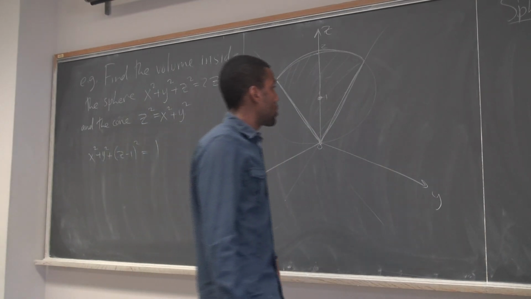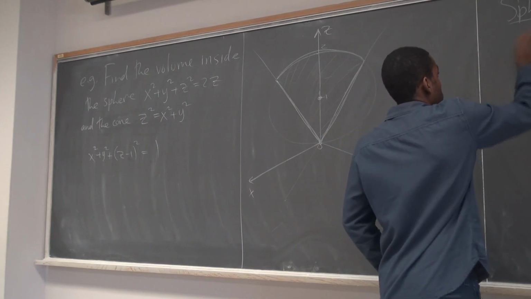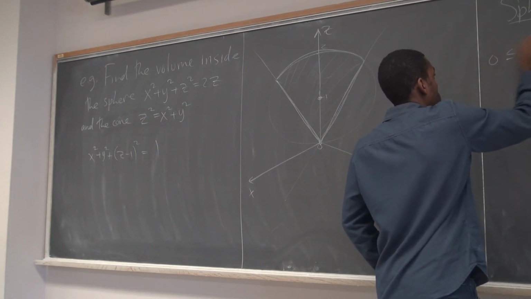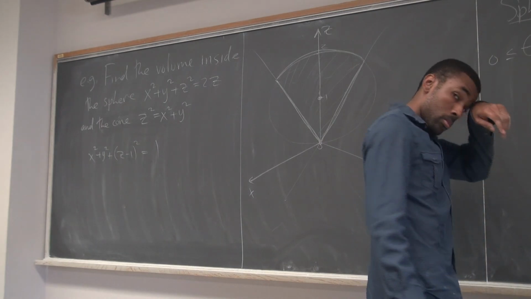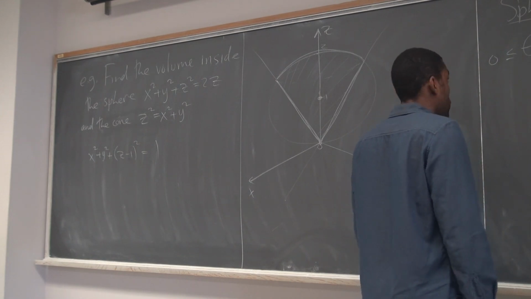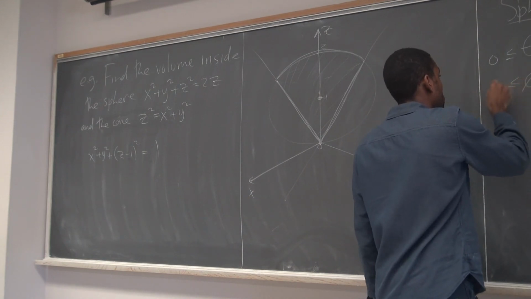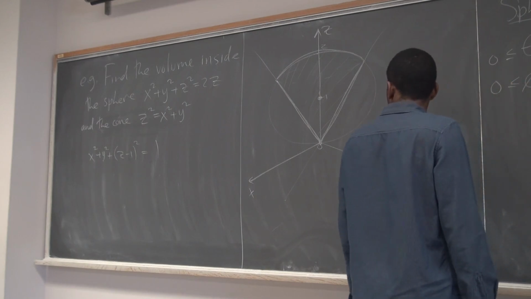Yeah, it's only 2 cosine. So theta from 0 to 2 pi. What else? Phi is from 0 to what? Pi over 2? Pi over 4.